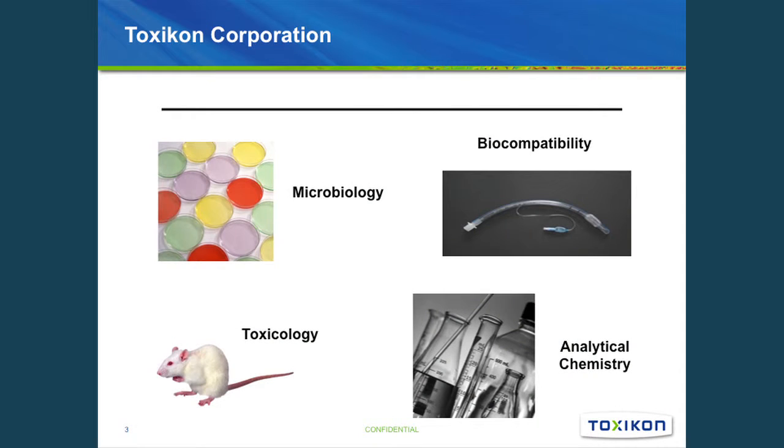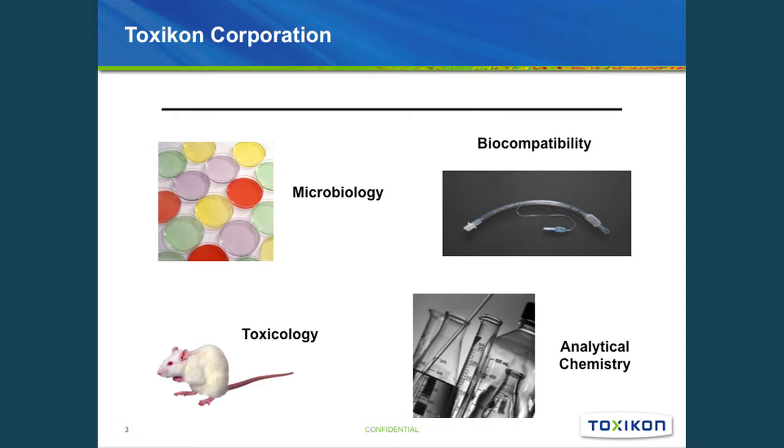We have over 150 researchers. Just to give you an understanding of how the organization is broken down, we have four main groups. Microbiology, doing a lot of your lot release testing as you're sending out your product, maybe the reusable device cleaning validations that you may have heard about recently, as well as the antimicrobial efficacy testing if you're getting into that realm for product development.